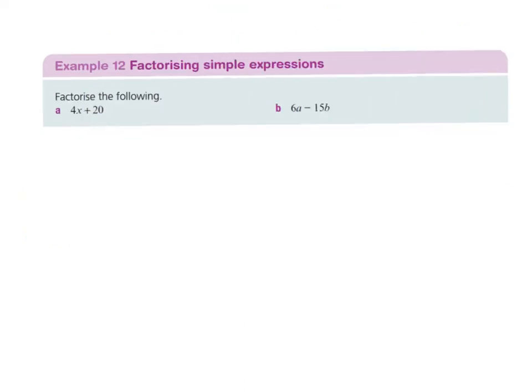So now we've learnt the highest common factor, we're going to factorize simple expressions. When you factorize simple expressions, the first thing you need to do is find the highest common factor. The second thing you do is write your terms as multiples of the highest common factor.